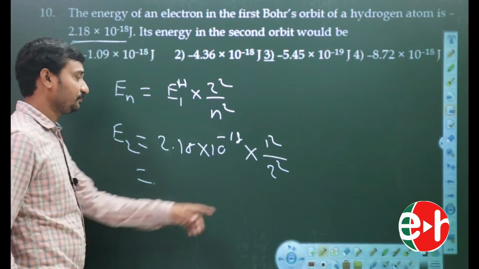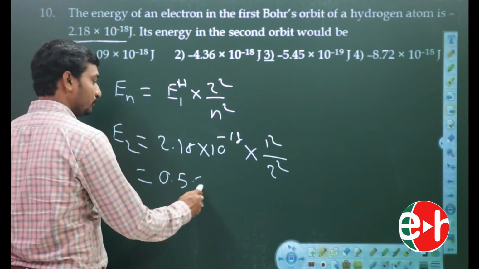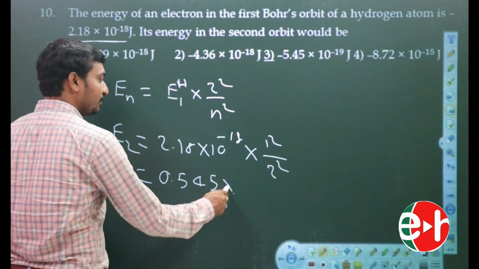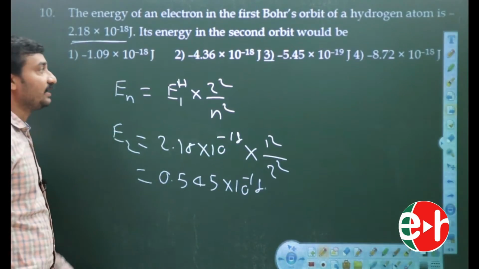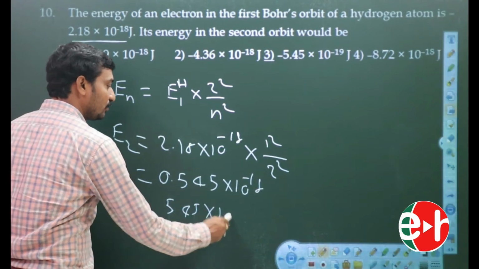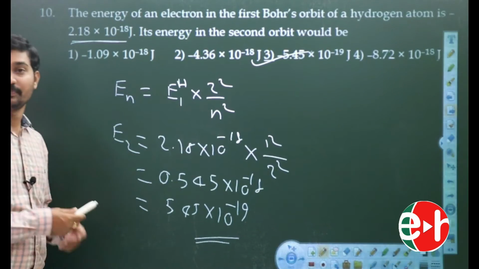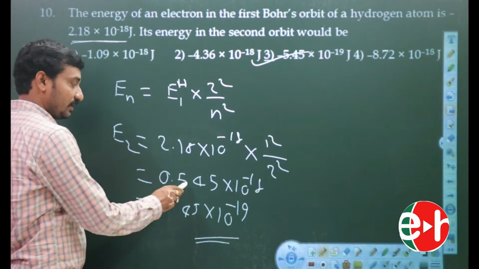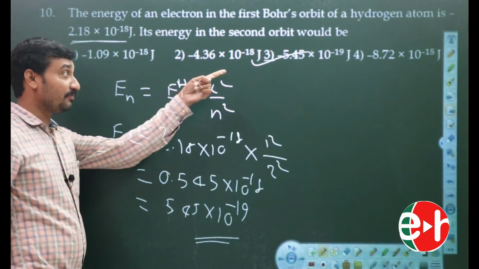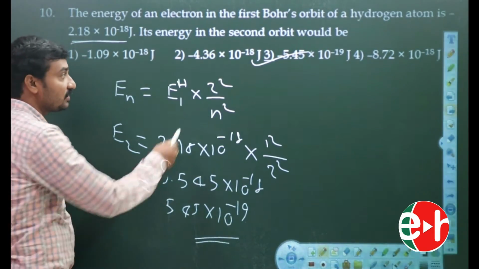So 2.18 by 4 gives 0.545 into 10 to the power of minus 18, or 5.45 into 10 to the power of minus 19. Hence the third one is the right answer. Here we are getting 0.545, but in the option it is given as 5.45, which means the 10 to the power of minus 18 will become 10 to the power of minus 19. Okay, hence the third one is the right answer.